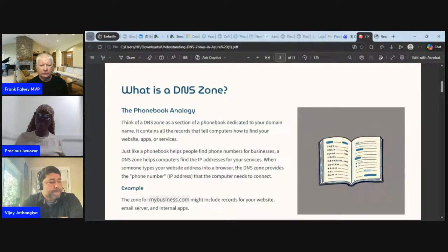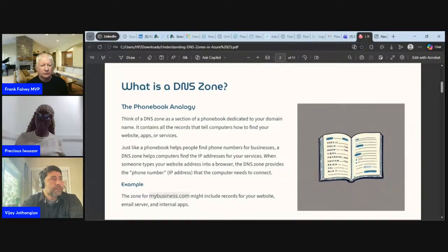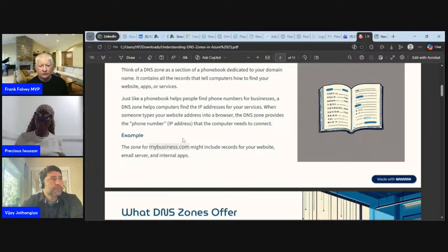When someone types in your website address in a browser, the DNS zone provides the phone number, that's the IP address, to the computer that they need to connect to. For example, the zone for mybusiness.com might include records for your website, email servers, or your internal apps.